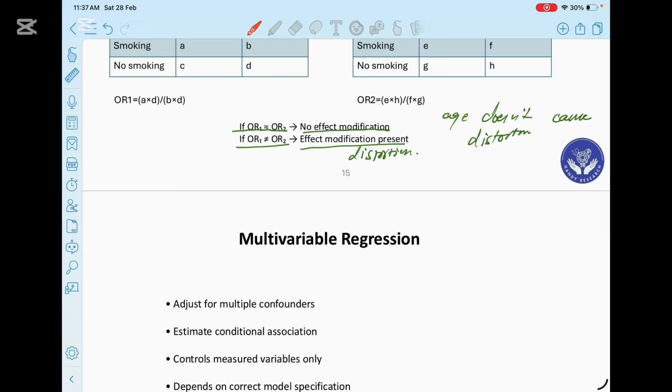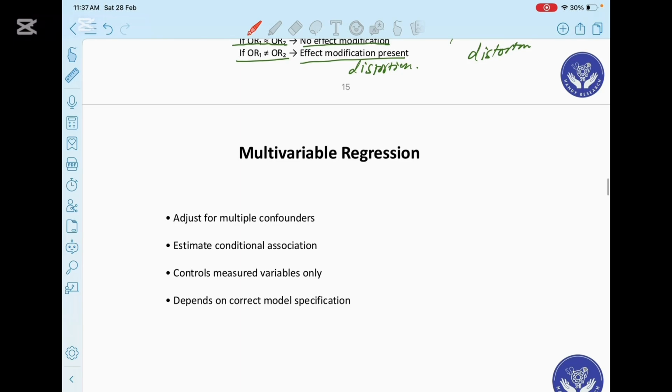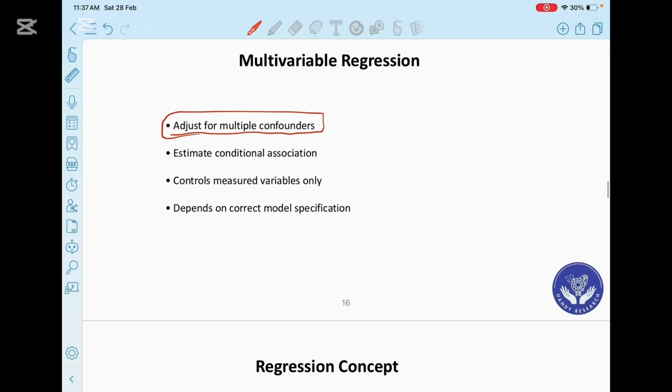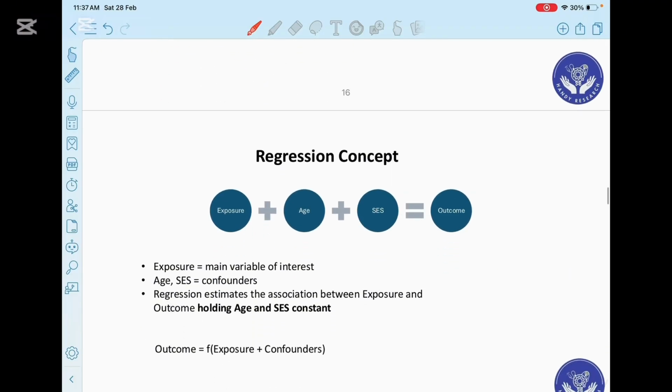Another one is multivariable regression. It can be done by adjusting for multiple confounders. Regression is the most commonly used adjustment method. Let's take an example. Same as before, smoking causes lung cancer, but in this condition we take age and socioeconomic status as confounders.